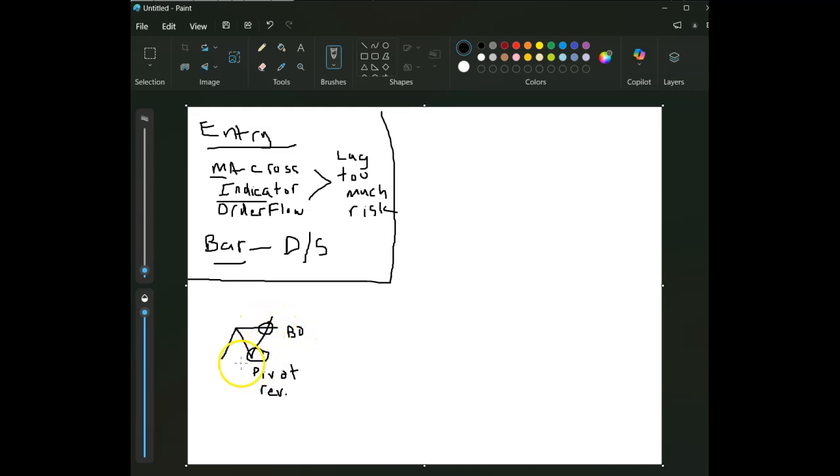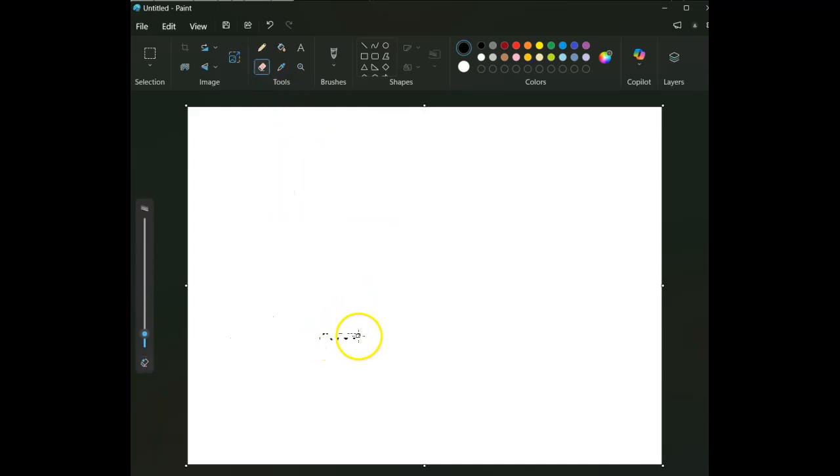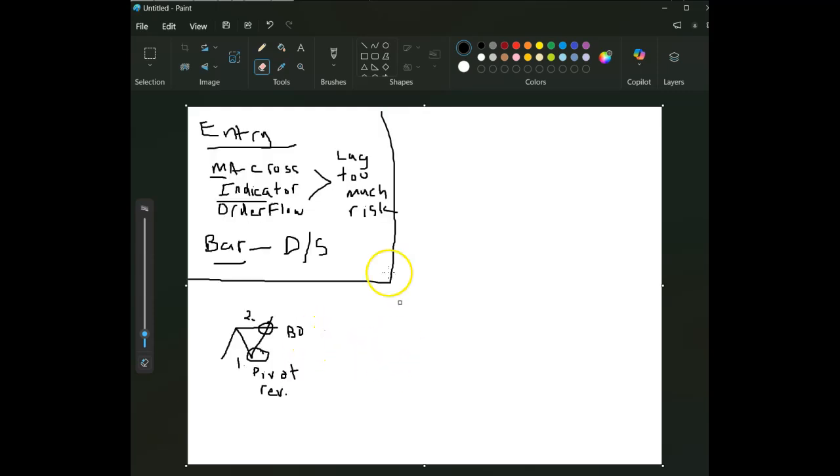So this is 1, 2, and the third area is a consolidation.